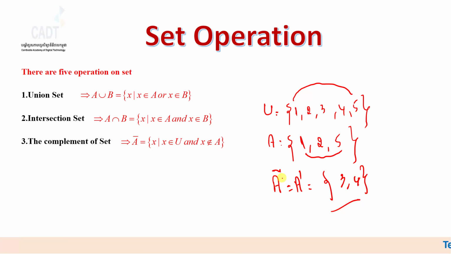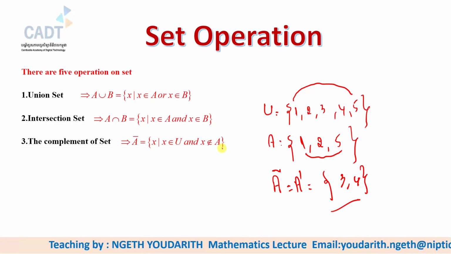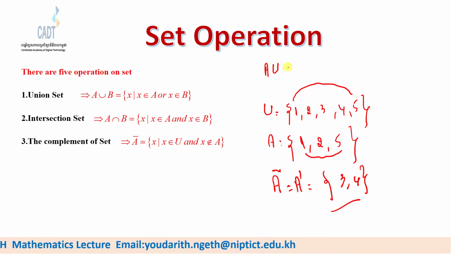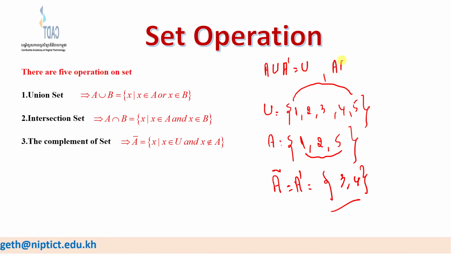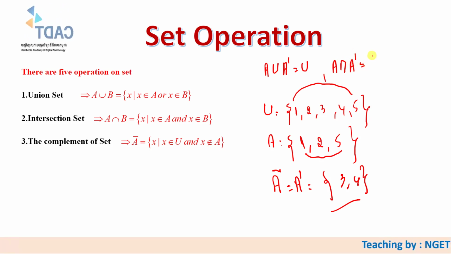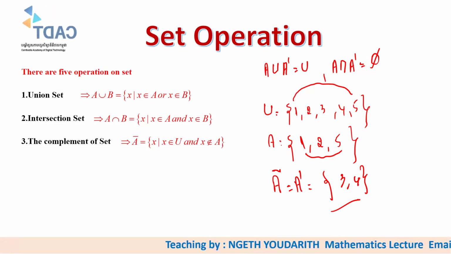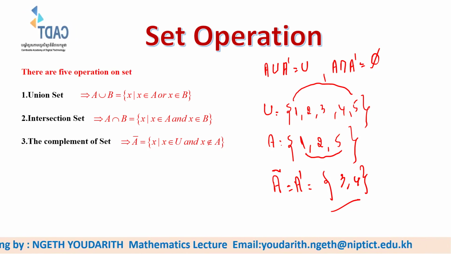This is the complement of A. Complement of A means that X belongs to U but X does not belong to A. And we get A union complement of A equals U, and A intersection with complement of A is equal to the empty set. These are some properties of the complement set.